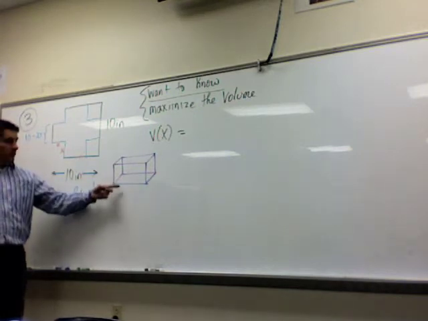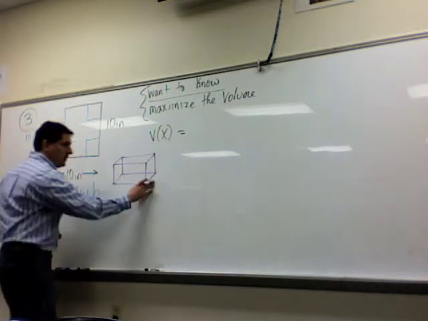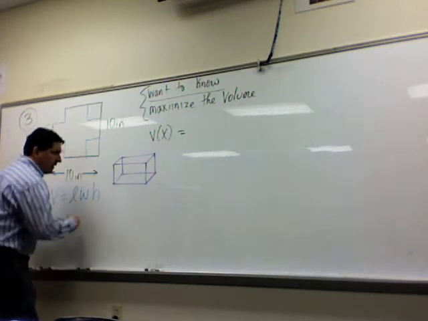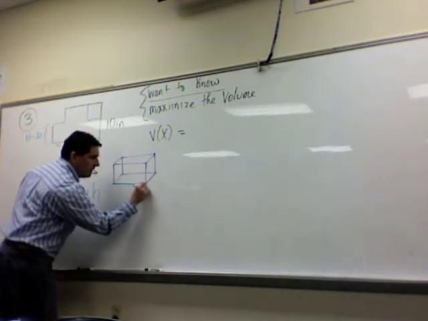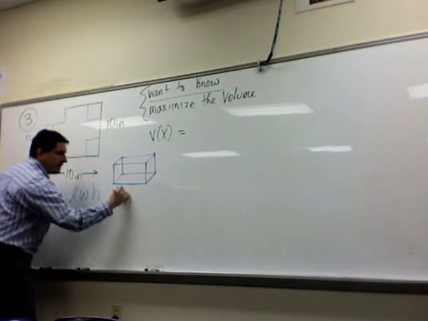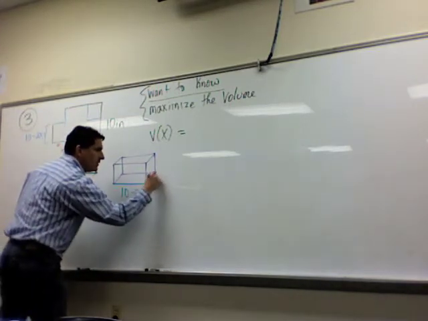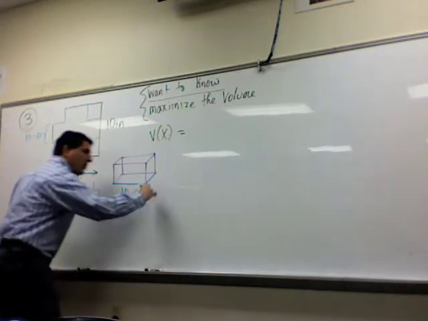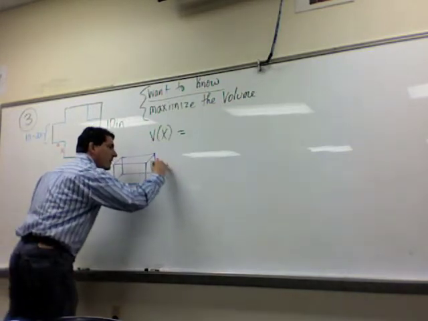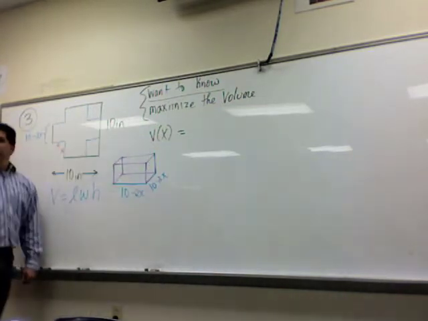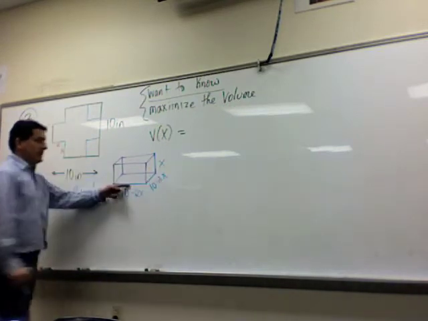Fold them all up, we get this. Okay, so help me out here. What is this dimension? That's 10 minus 2x. What is this dimension? Also 10 minus 2x. And then what is that dimension? x. Does everybody see how those two relate?